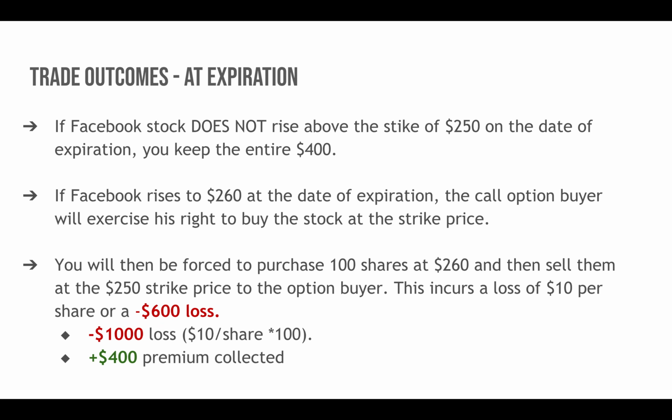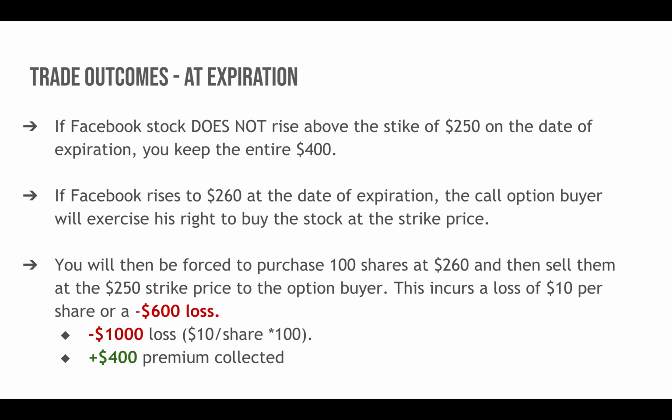So, the outcomes at expiration. If Facebook does not rise above the strike at 250 on the date of expiration, you keep the entire $400. However, if Facebook rises to 260 at the date of expiration, the call option buyer is then going to exercise his right to buy the stock at the strike price.